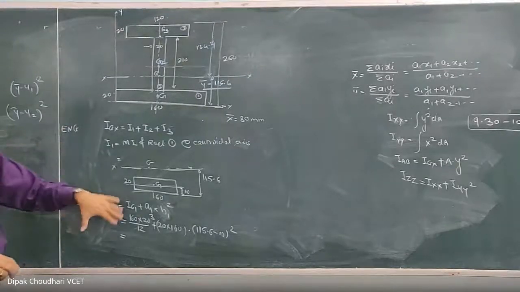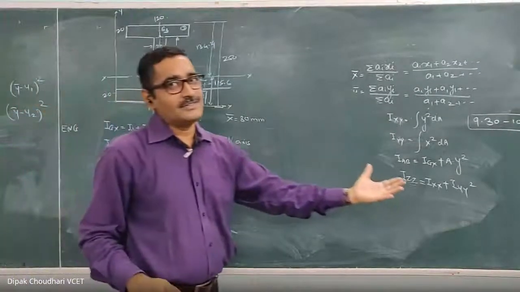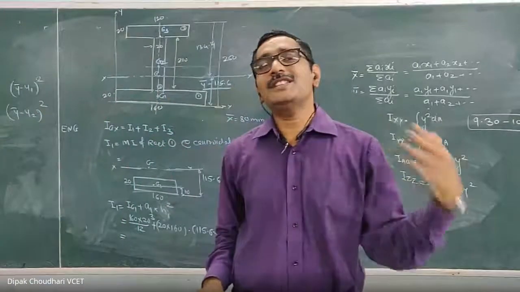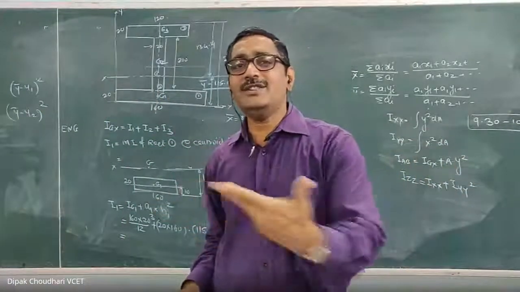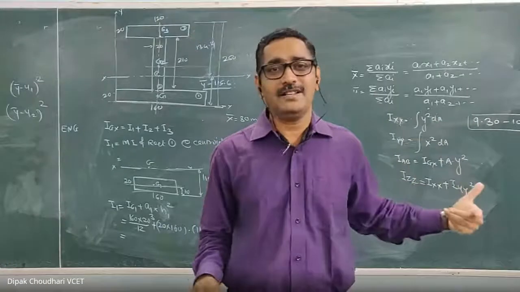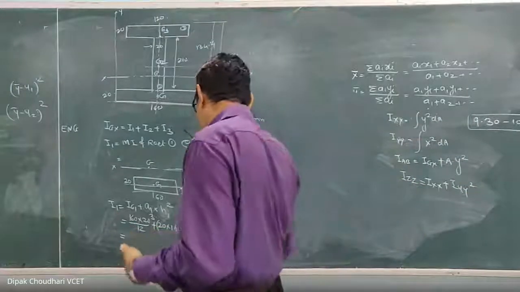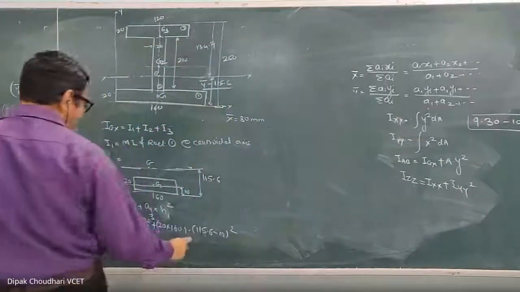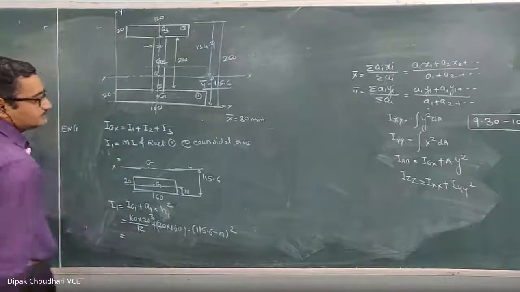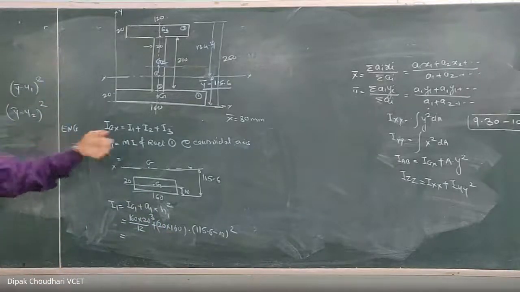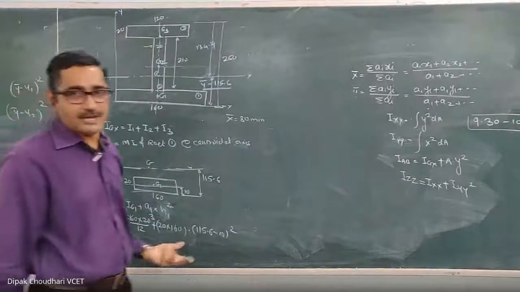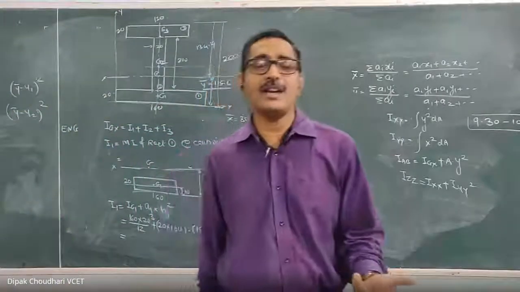This answer will convert into the standard form. Standard form means 10 raised to 3, 10 raised to 6, 10 raised to 9, or 10 raised to minus 3, minus 6, in that way. So immediately after the calculation, press the ENG button, and your answer will come in exponential form, the form of that power.